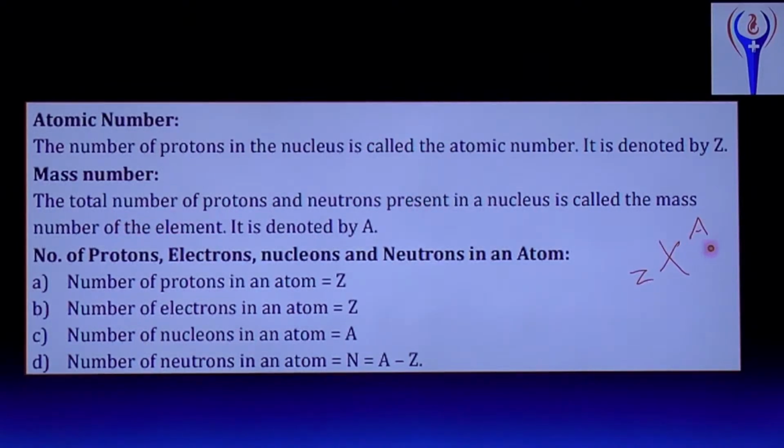Mass number is denoted by the symbol A and it is the total number of protons and neutrons, that is the sum of the protons and neutrons inside a nucleus.